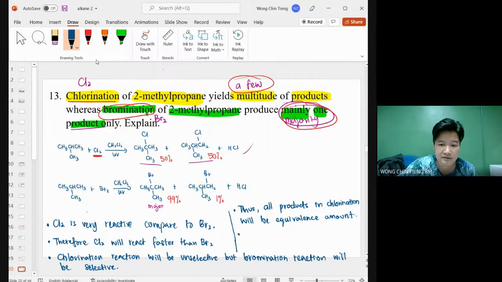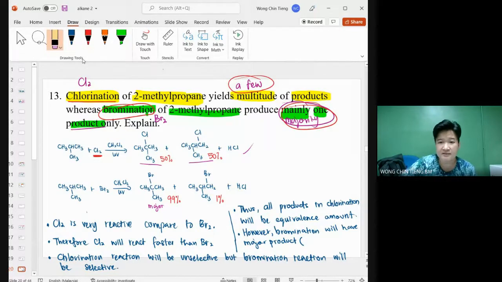But, okay, however, bromination will have major product. Dan label major product tu. Major product kamu adalah, in this case, bukan secondary. In this case adalah tertiary.